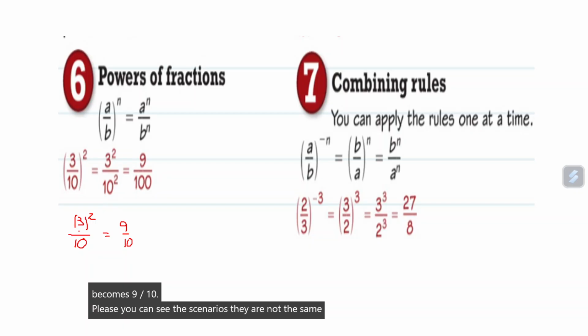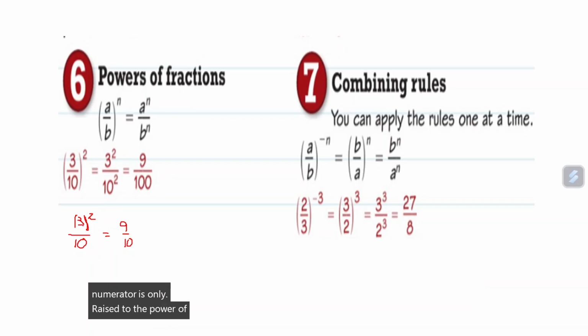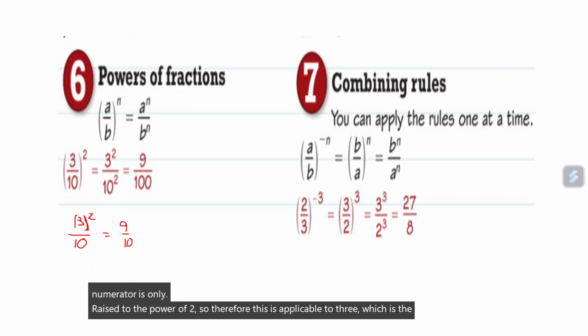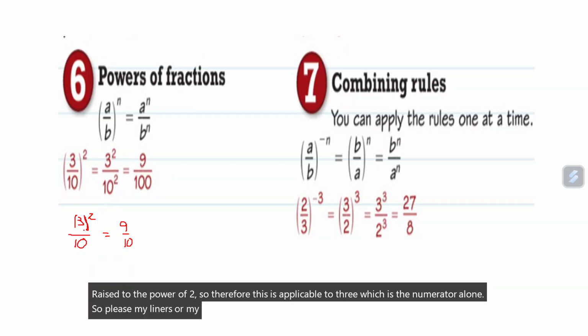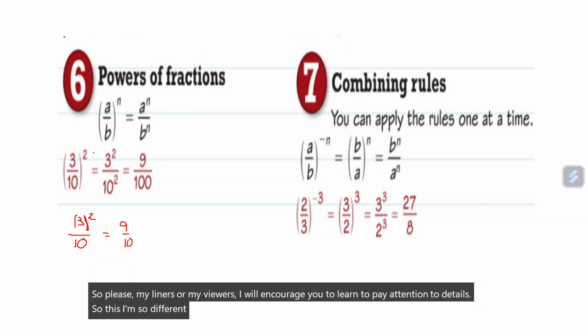The numerator is only raised to the power of 2, so this is applicable to 3, which is the numerator alone. So please, my learners or my viewers, I will encourage you to learn to pay attention to details. So these are two different scenarios.